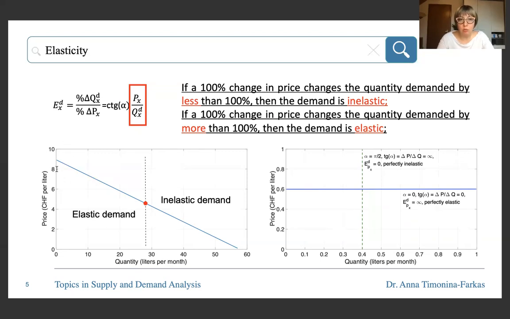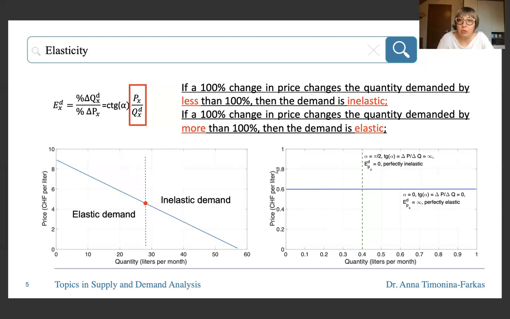Let us assume that the angle here is 45 degrees, though it's not, as you can see. In this case, if it is 45 degrees here, it means that it is also 45 degrees here. And cotangent is equal to 1. And px divided by qx is equal to 1, exactly the midpoint of this graph, because p is equal to q in this case. And it means that elastic demand changes to inelastic demand exactly at the midpoint.